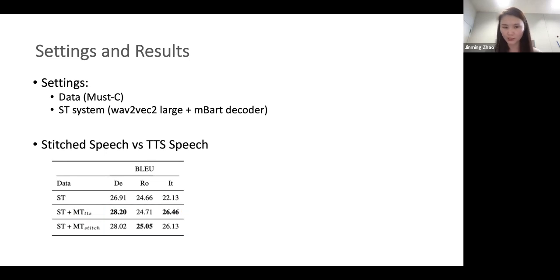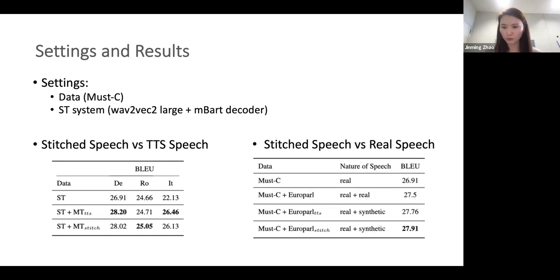We're also interested to see how our stitched speech compares to real speech. So in another set of experiments, we use Europarl. This is a realistic ST dataset. And this row refers to the setting where we use the original Europarl dataset, so the speech is real.